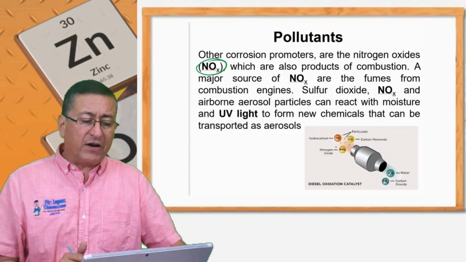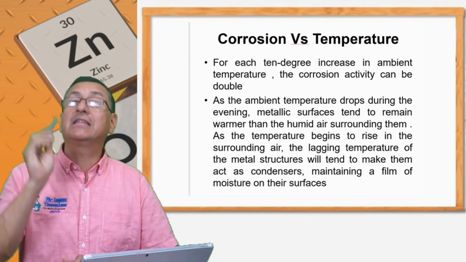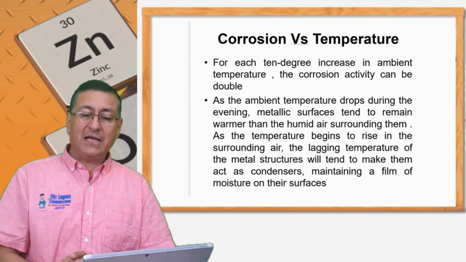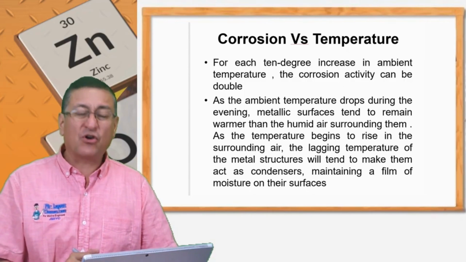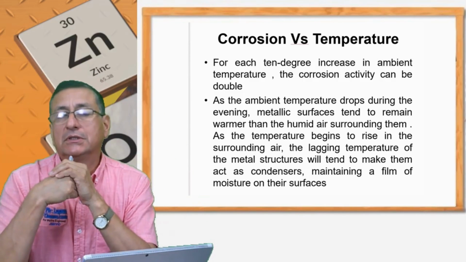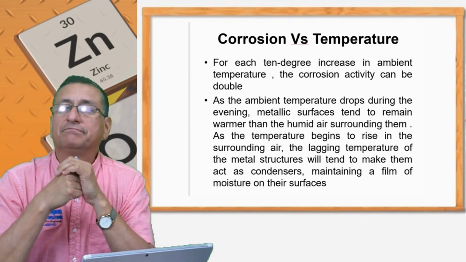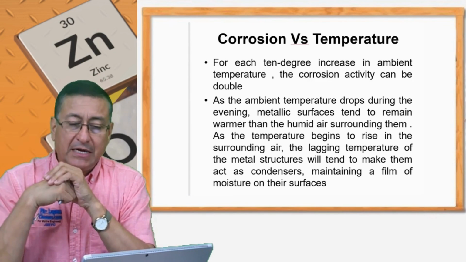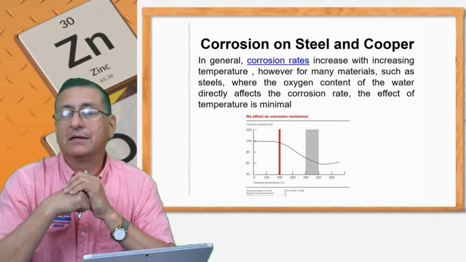And the corrosion versus the temperature. Yes, my friends. Each time the ambient temperature increases by 10 degrees, the corrosion activity doubles. Yeah, when the temperature increases, the corrosion is affected. This is critical.